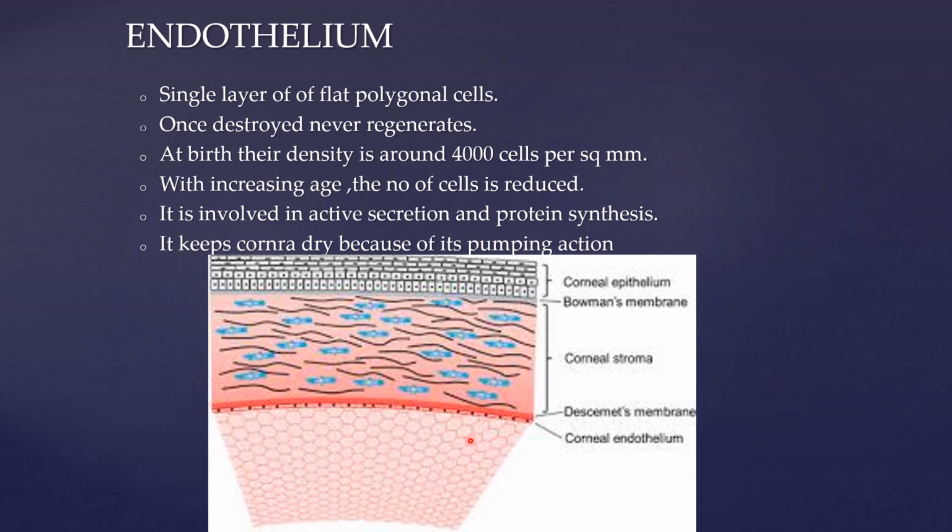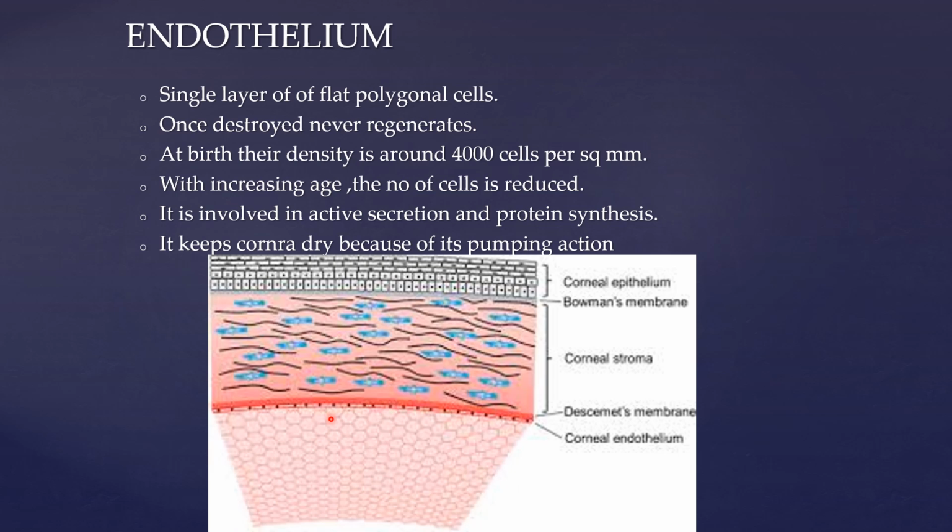Now the functions of endothelium. The cornea is protected anteriorly with the epithelium and posteriorly with the endothelium. Both act as a mechanical barrier and they prevent water from entering inside the cornea. Endothelium also has junctional complexes.